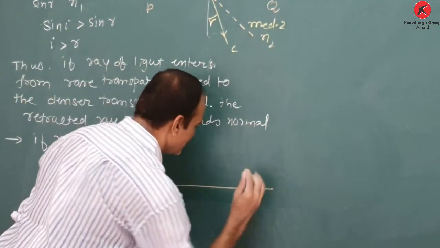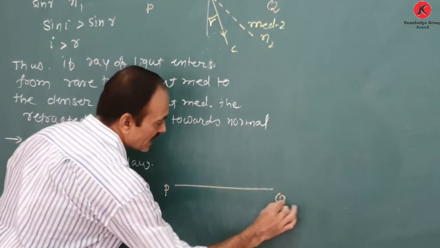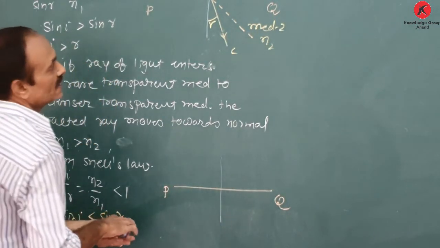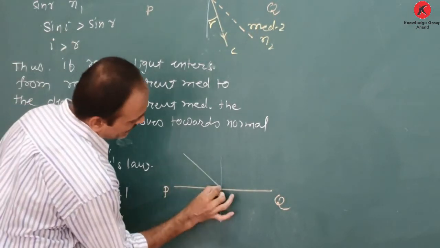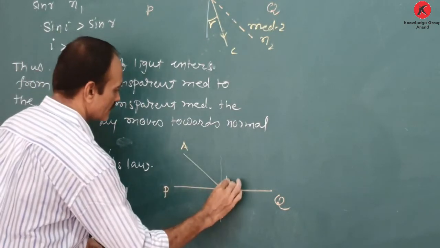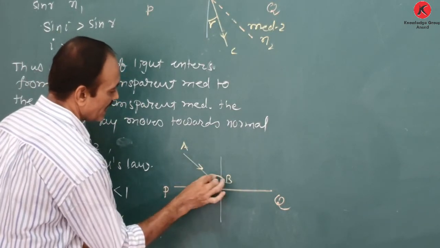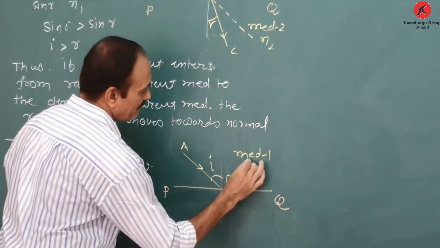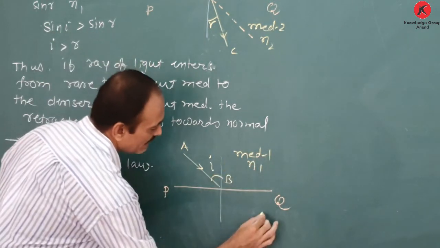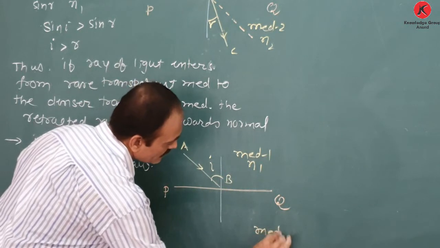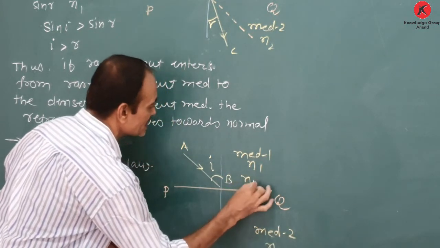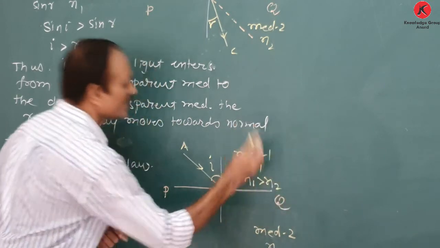Like this manner, there is our PQ, there is our normal. The incident ray is this AB. There is the angle of incidence. Here there is medium 1, and the refractive index is n1. Here medium 2, and the refractive index is n2. Here the condition is n1 greater than n2.